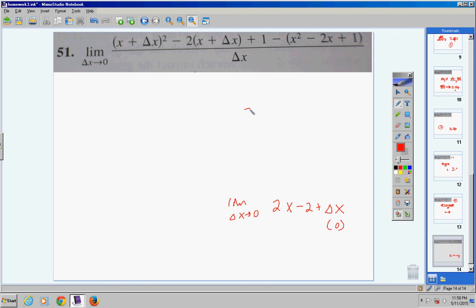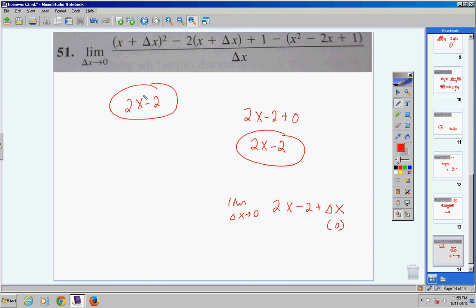So I really have 2x minus 2 plus 0, which would be 2x minus 2. Now let me check my answer real quick here, and that is correct. So the derivative of this entire expression as delta x is approaching 0 is not an actual number, it's an algebraic expression, and the answer is 2x minus 2.